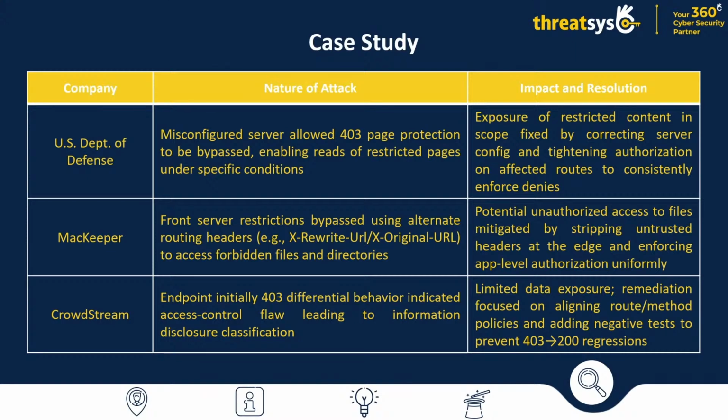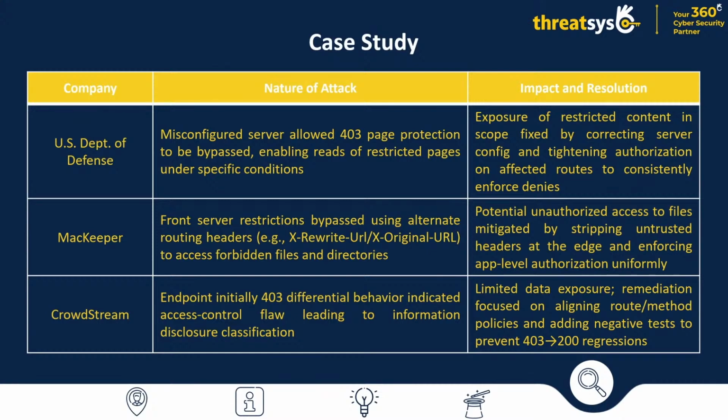If the server does not validate the request, or client-side or server-side validation is not done properly, then you can access those restricted files even from outside, with an external IP. So MacKeeper also faced the same issue and mitigated it by stripping the untrusted headers at the edge and enforcing app-level authorization uniformly.